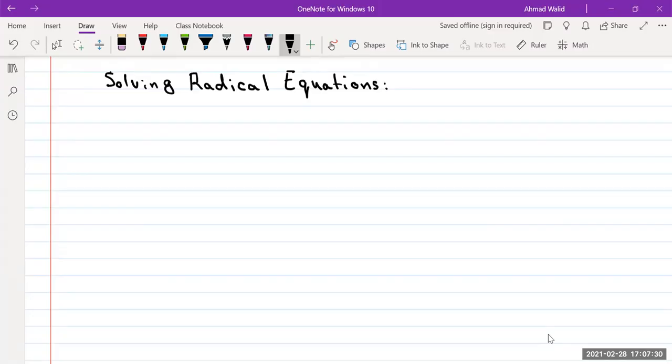How to solve an equation if a radical is involved in your equation.